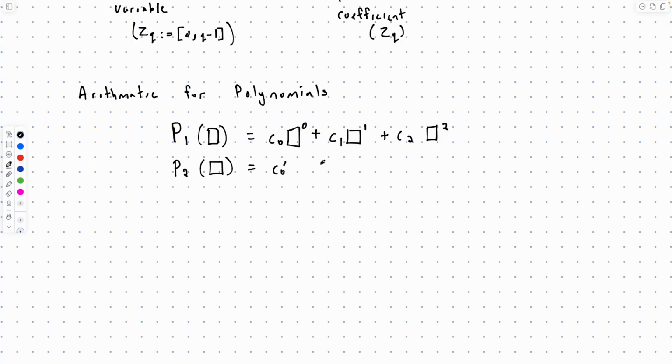And I'll just put a dash here to denote that it's a different number. So this term you can ignore. It's just to the power of 0, which is 1. But I started writing it that way so that you could see the pattern.